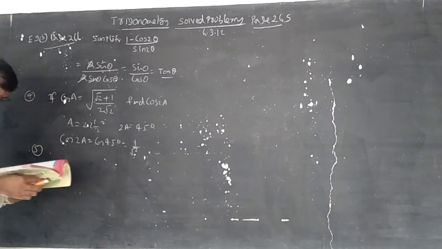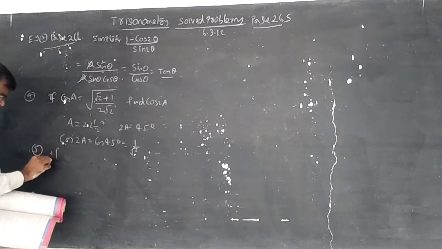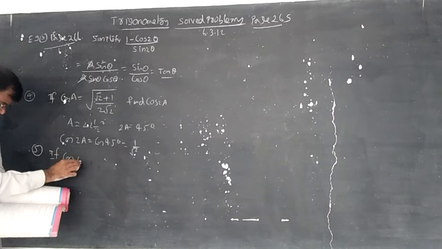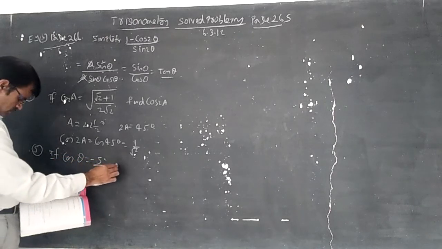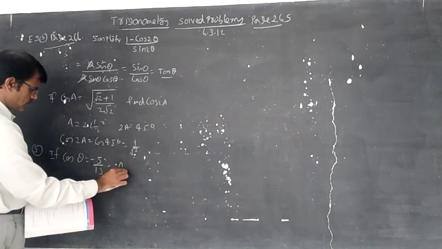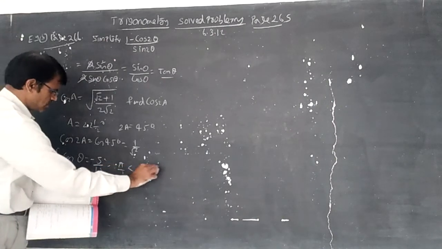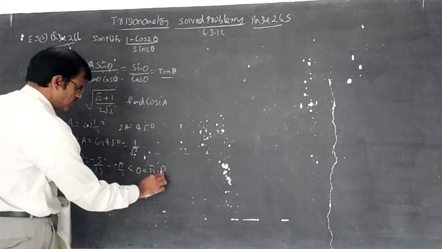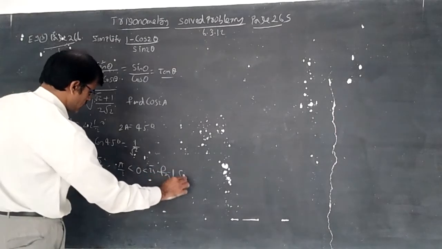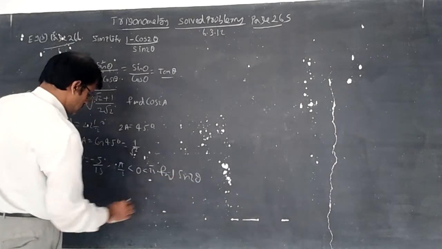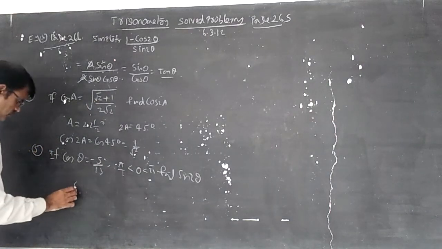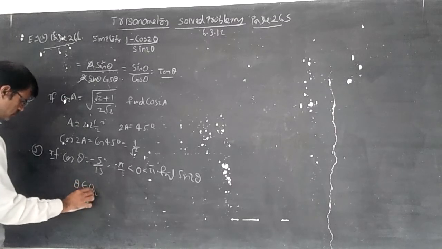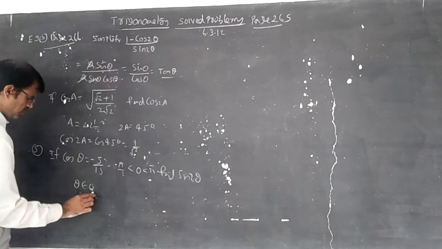Let us calculate the fifth question. If cos theta is equal to minus 5 by 13, and pi by 2 less than theta less than pi, find sin 2 theta. The meaning is that theta belongs to Q2, because pi by 2 means 90.